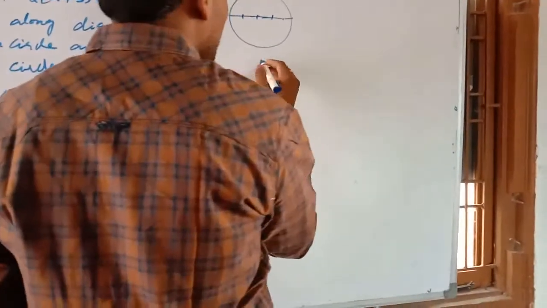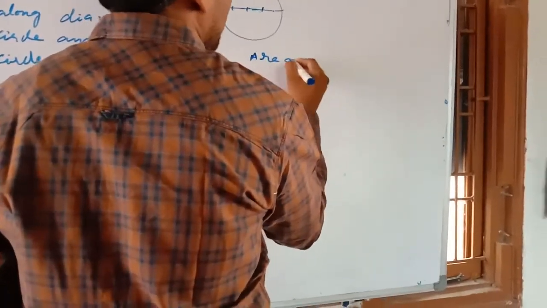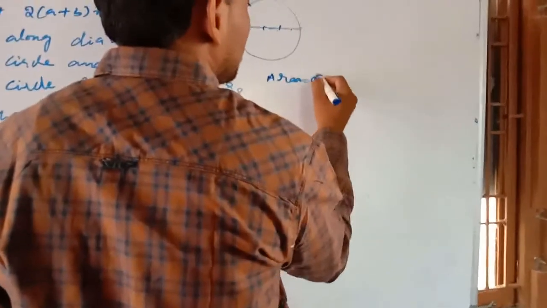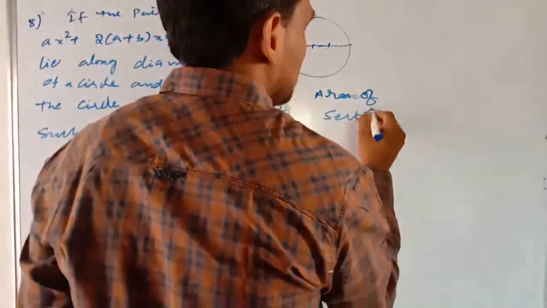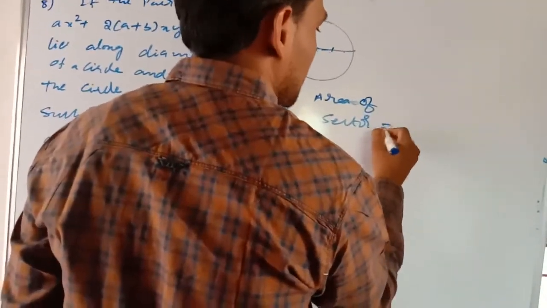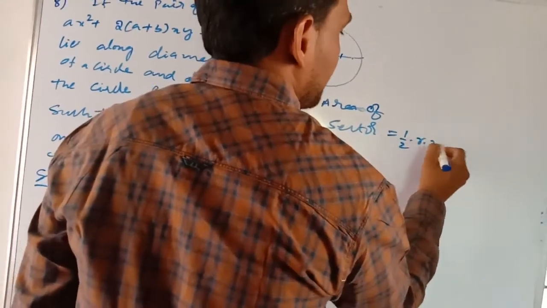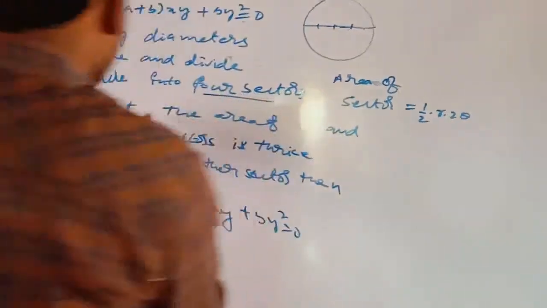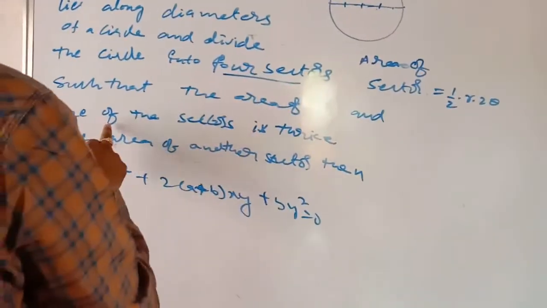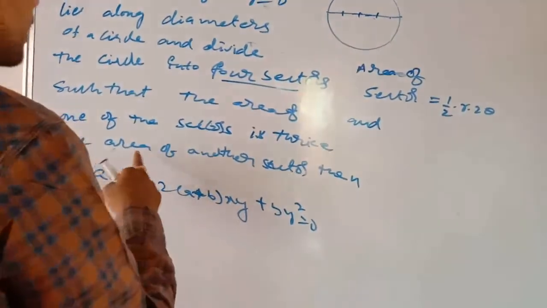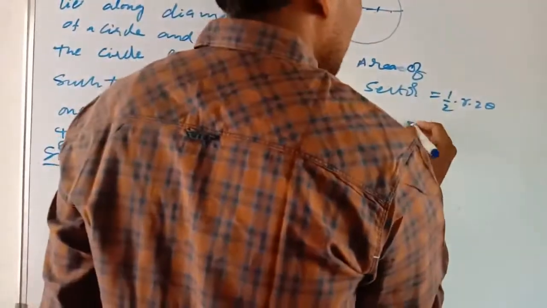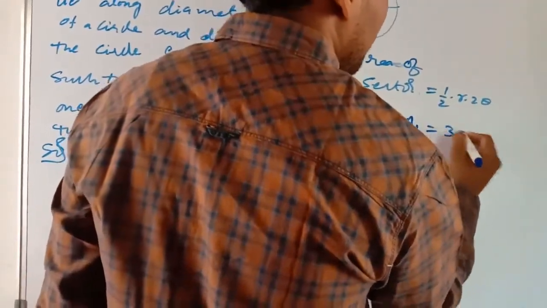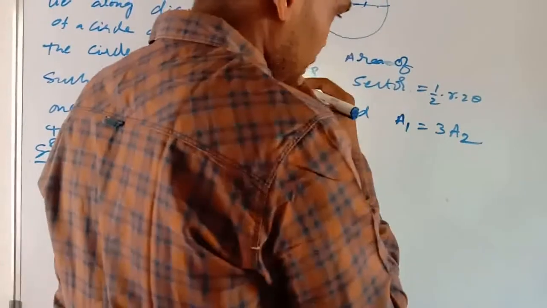Now here, first of all, the area of a sector is equal to half into r square into 2 theta, and the area of one of the sectors is thrice the area of the other sector, so A1 is equal to 3A2.